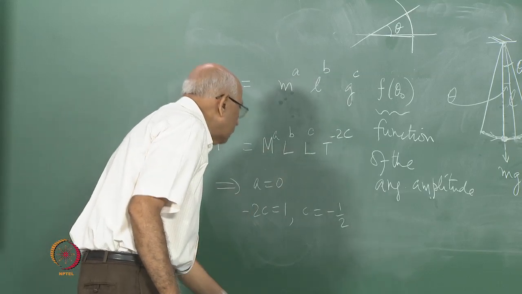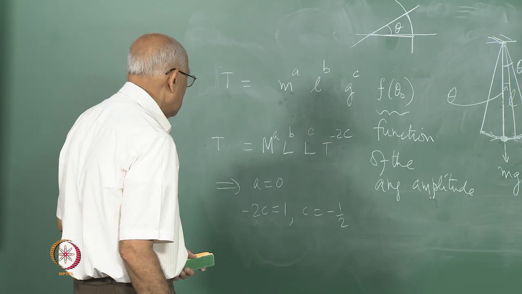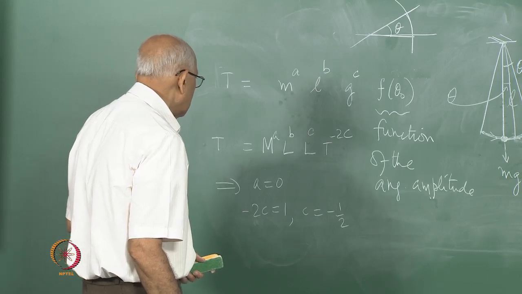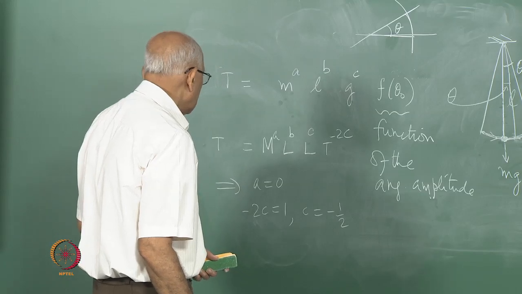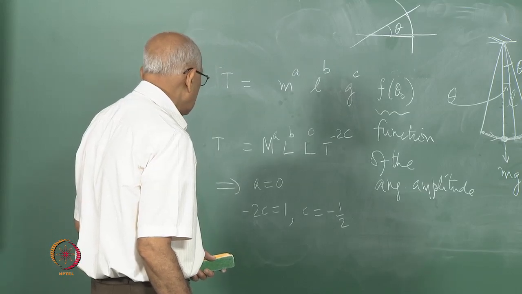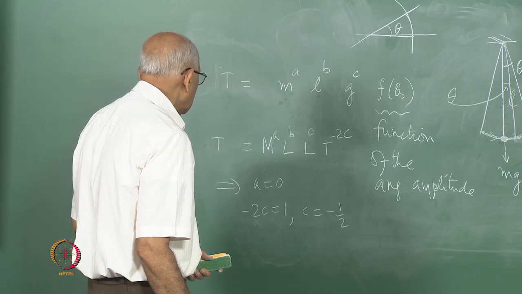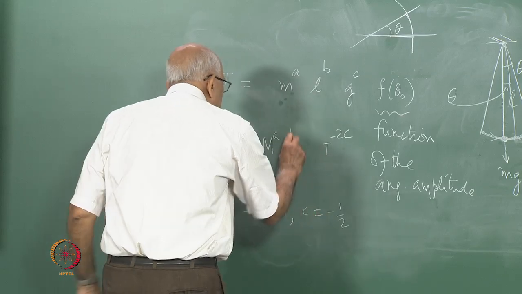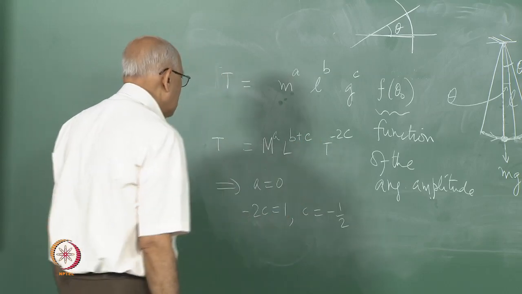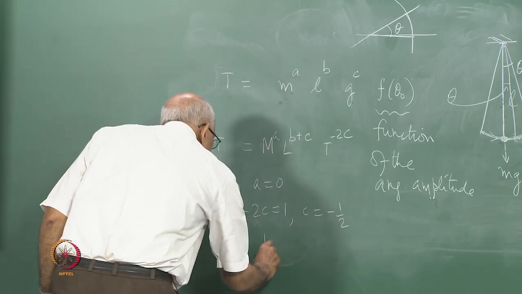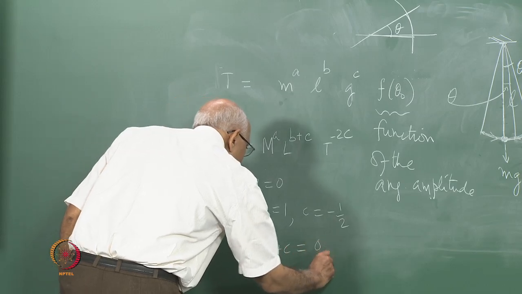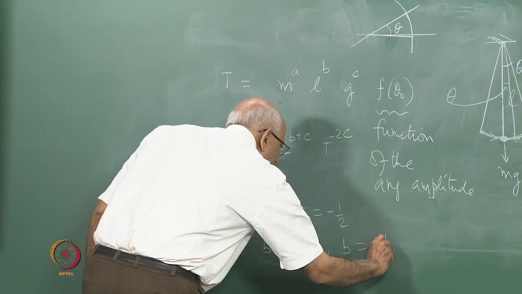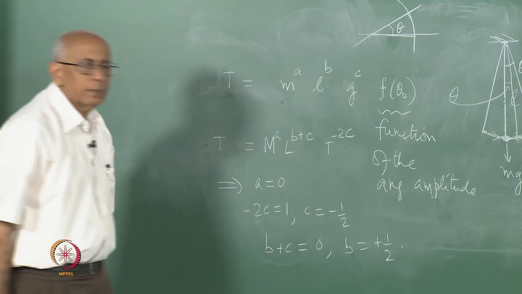Sorry, this is b plus c, so for L it was b plus c, that is right, and b plus c must be equal to 0, which says b equal to plus a half. Okay.